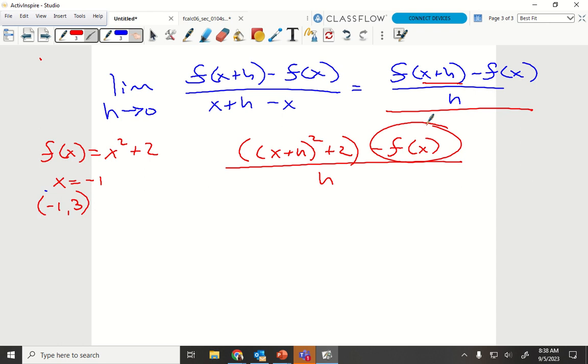So I could replace all of this with 3. That's what I'm going to do. And I could replace this x out here with what? -1. So open parentheses, -1 plus h closed, squared, plus 2 minus 3, over h.